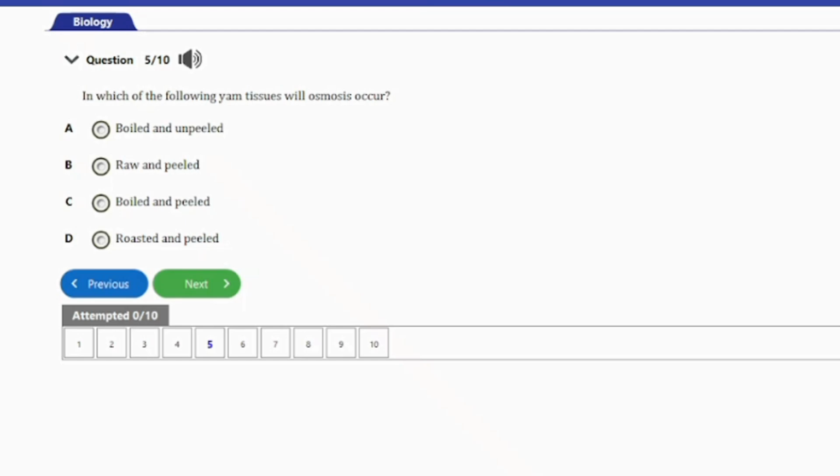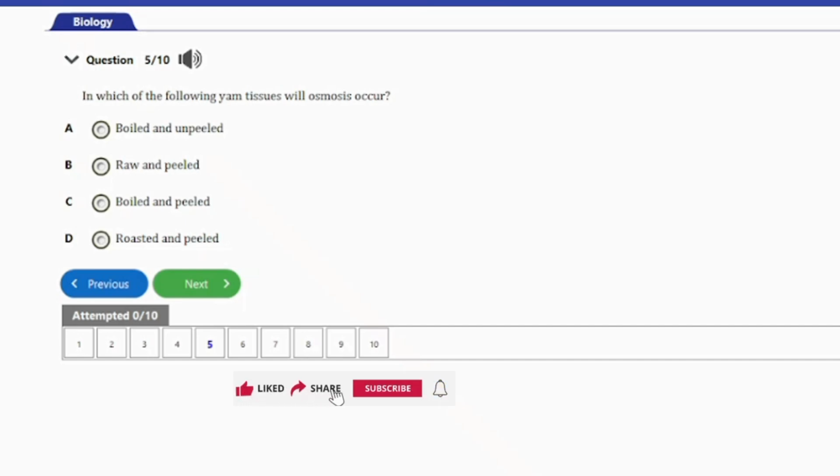The answer to this question is option B, raw and peeled, because a raw and peeled yam tissue represents a living cell that has a semi-permeable membrane, and that's the required kind of cell for osmosis to occur. So option B is the correct answer to this question.